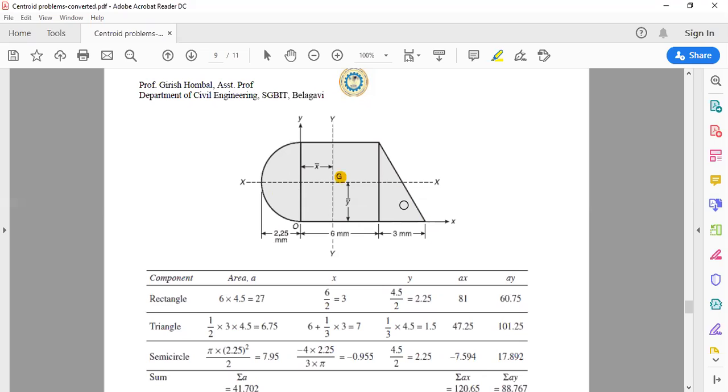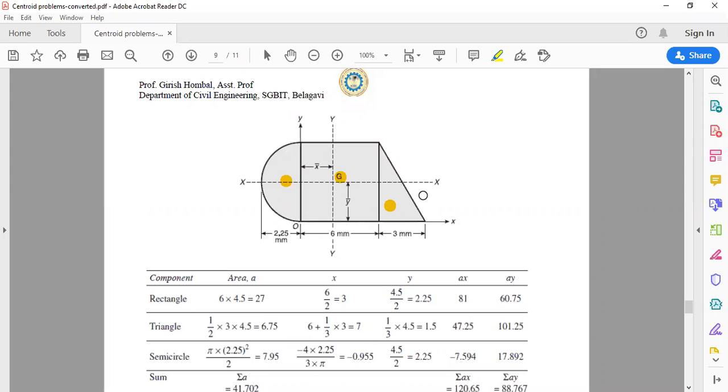Similarly, for the second diagram, which is a right angle triangle, the centroid lies somewhere at this point. And finally, for the semicircle, the centroid lies at this point, which is very close to the diametrical axis. Everybody should remember that for a semicircle, the CG always lies near the diametrical axis.